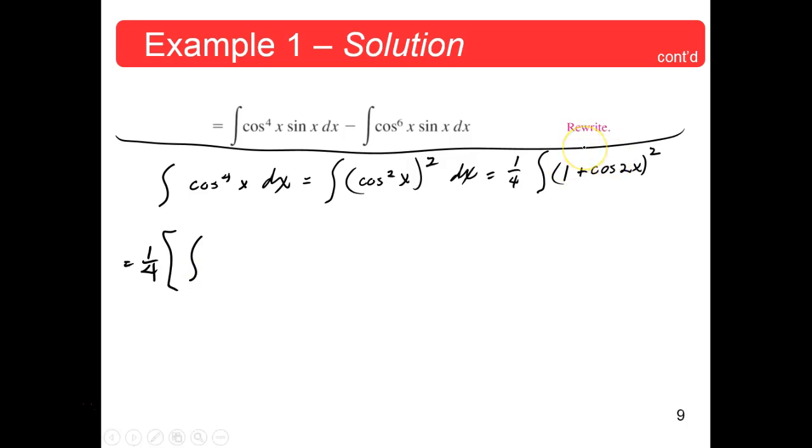Expand the binomial. Anyone know how? Please say yes. 1 plus 2 cosine 2x plus cosine squared 2x dx. Got it. All right.